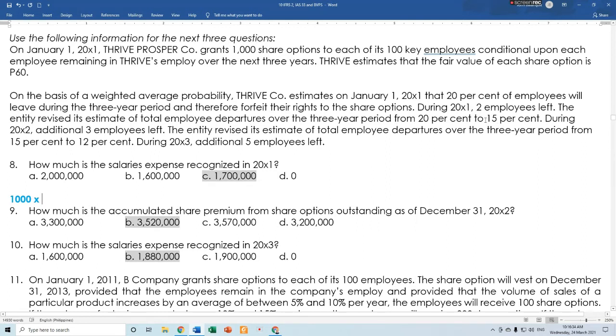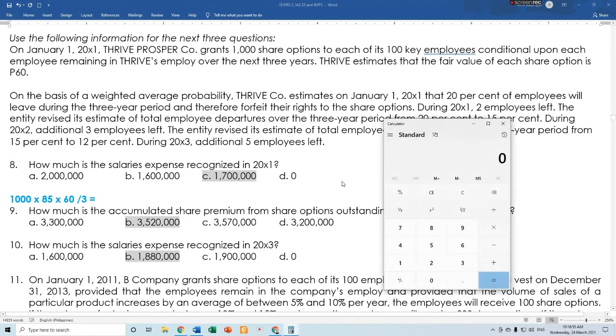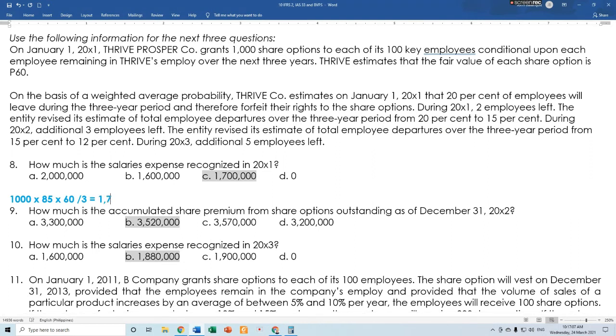So, ibig sabihin, kung 15% yung aalis, 85 yung maiiwan, di ba? Total yun. So, times 85 employees, times 60, tapos ilang years to? 3 years, divided by 3. So that's 1,000 share options times 85 employees times 60 divided by 3. So that's going to be 1,700,000.